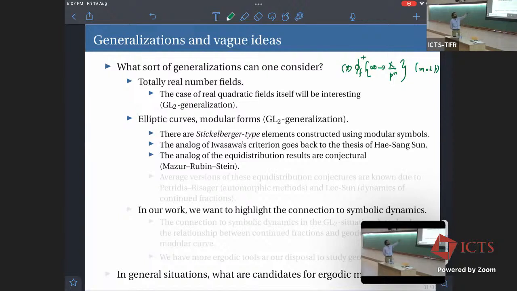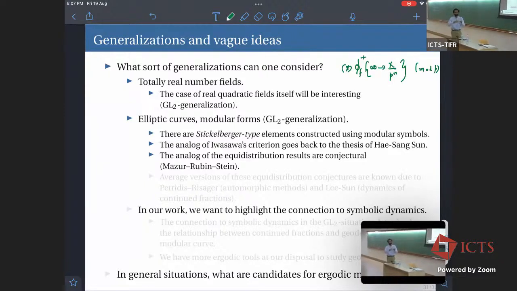But the results of Petridis, Risager, Lee, and Sun were that you fix an n, but they look at all fractions a over b, where b is between 1 and n, and a is between 0 and b, and things like that. So it's a much larger set, and they prove the result. They call it an average version of the conjecture, but it's over a larger set. Okay, thanks.